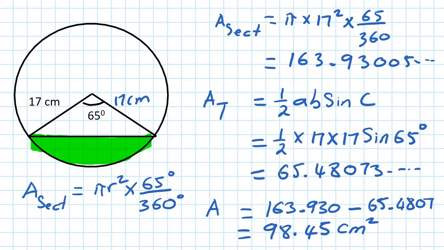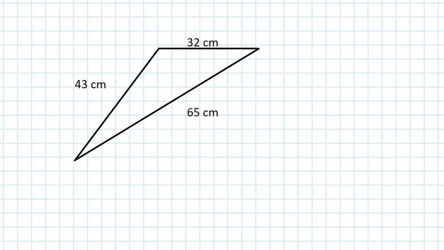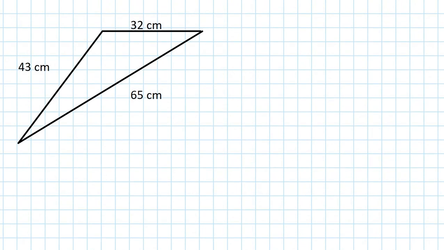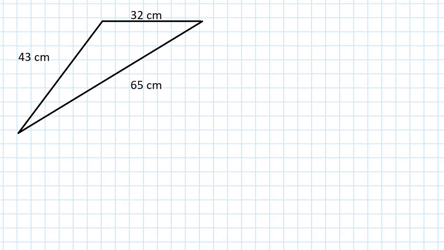Now, let's move on to this question here and see how we go with it. To find the area of this non-right-angled triangle, you know that three sides are given, but you haven't got any angle. Therefore you need to find the size of one angle first. It doesn't matter which: you can find this angle, or this angle, or this angle here.